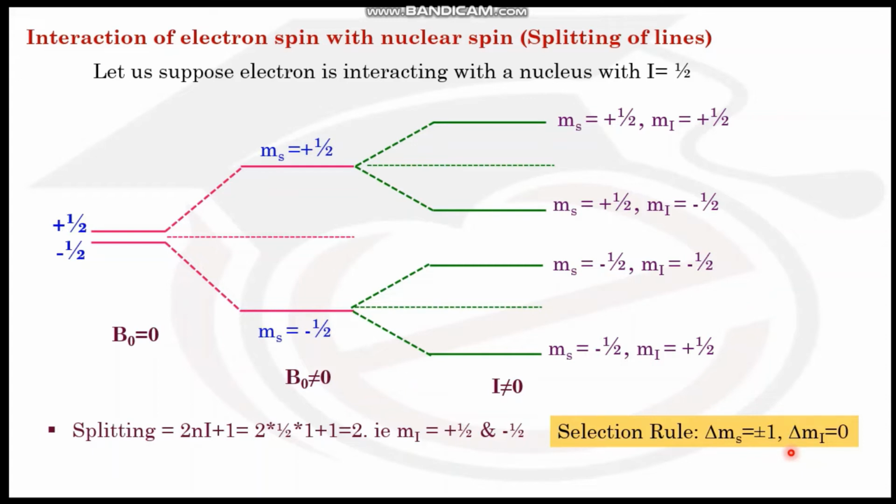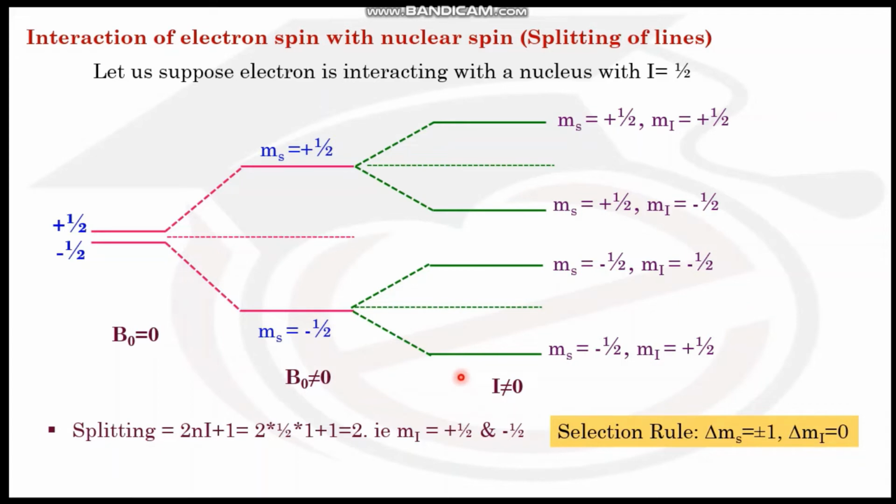First you have to list out the selection rules. A lot of questions you can expect from that also. Just write down all the selection rules and study well, because all the time it is plus or minus 1, 0, plus or minus 1, like that, a lot of values are there. Here the selection rule is delta ms equal to plus or minus 1, delta mI equal to 0.